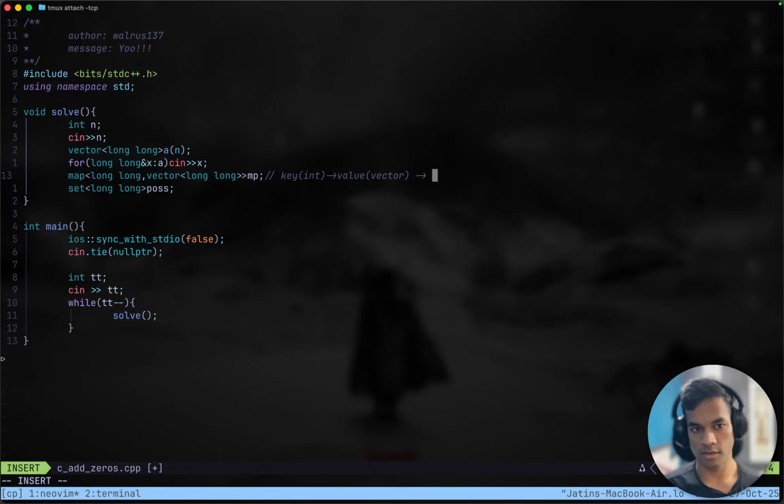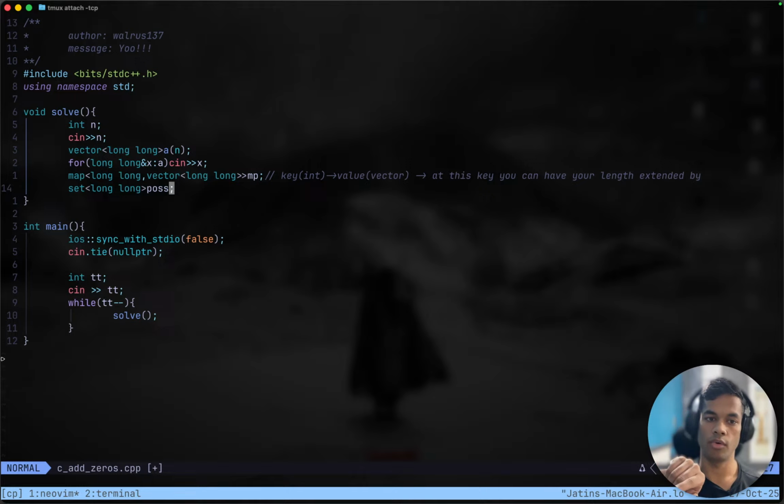This map is saying that at this key, you can have your length extended by all the values in the vector, right?